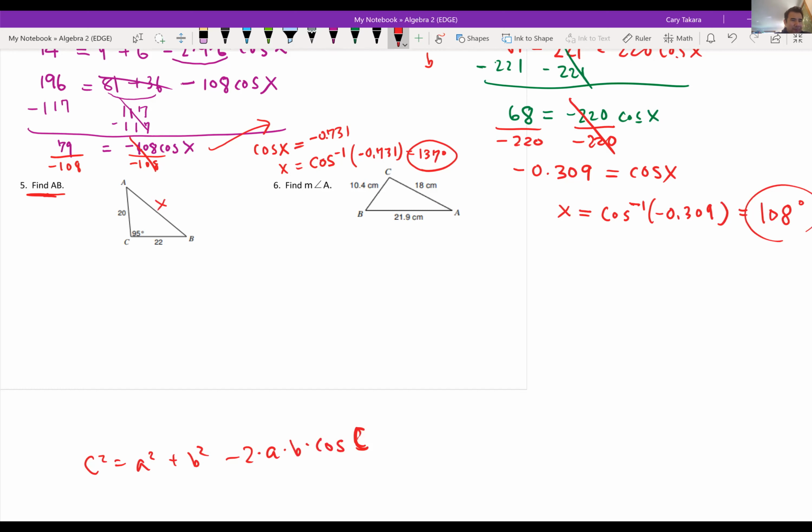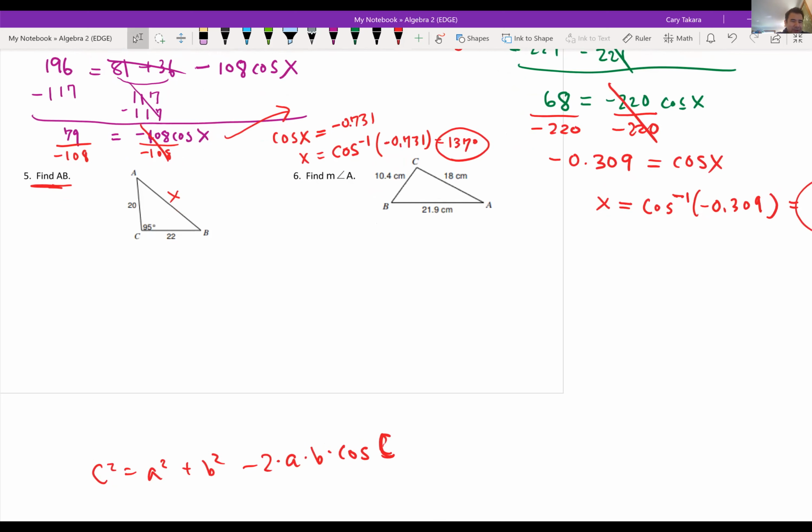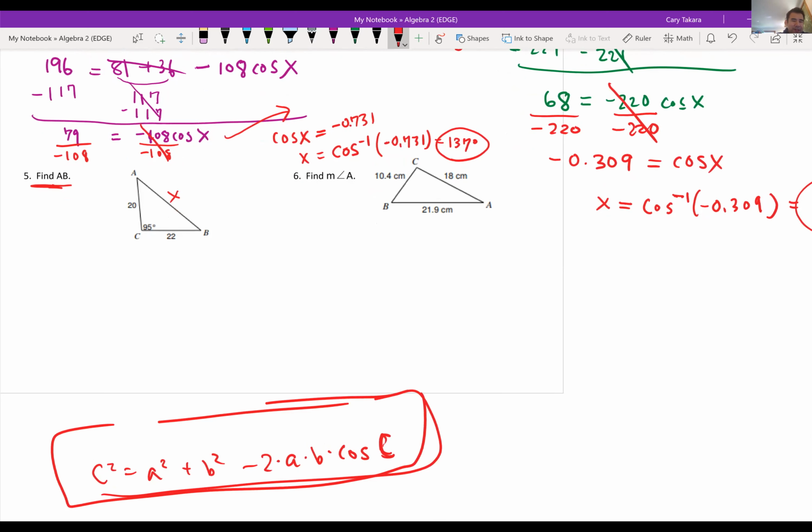So Mia. First of all, here's the equation, right? And I'm speaking to all of you guys, yeah? The first step is to place the numbers into the right places, right? And so for that, we need to identify A and B. Which numbers are A and B? It will be the 2 sides that have the angle in between. So 20 and 22 should be representing A and B. Does that make sense to you all?